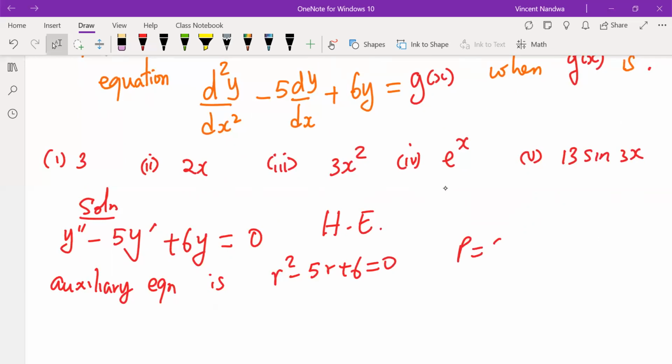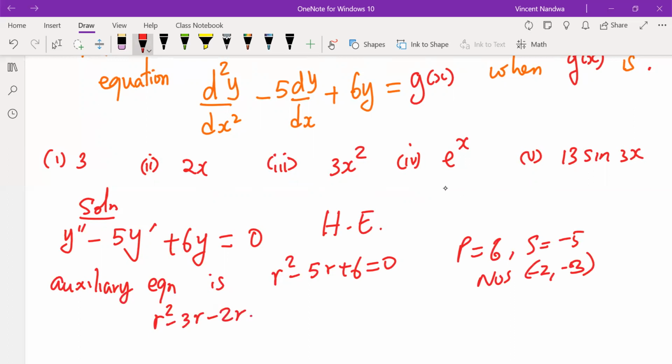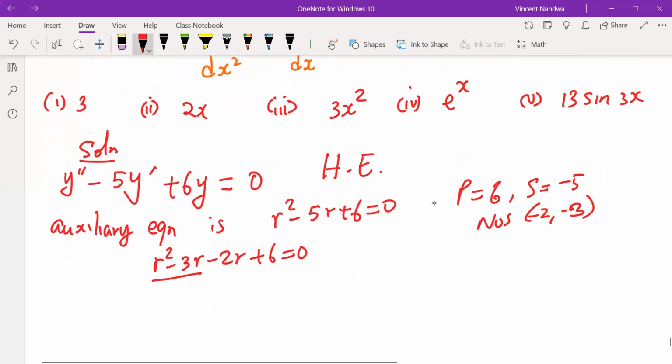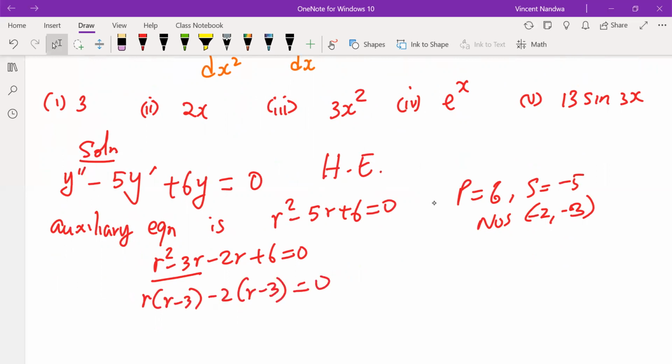Product is 6, sum is minus 5, numbers minus 2 and minus 3. So we'll have r squared minus 3r minus 2r plus 6 equals 0. So r into r minus 3 minus 2 into r minus 3 equals 0. r minus 2, r minus 3 equals 0.